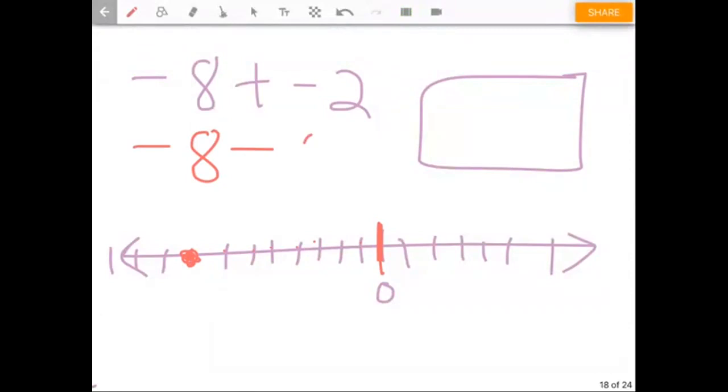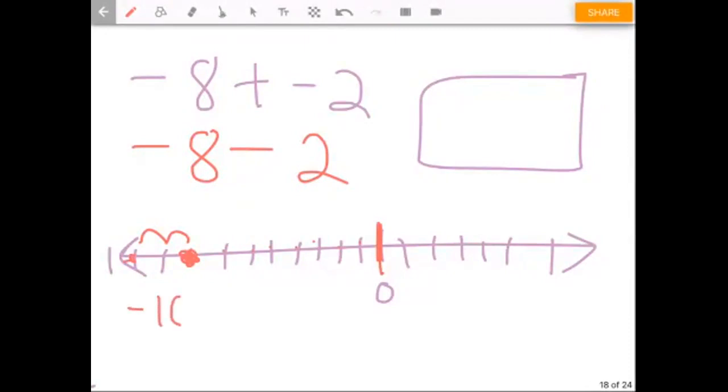So those are equivalent. Plus a -2 or minus 2 are the same thing. So remember, if we're going to minus 2, do we move left or right? So anytime you're minusing, you go to the left. So if we're at -8 and we go to the left 2, we're going to be at -10. So -8 plus -2 is -10.